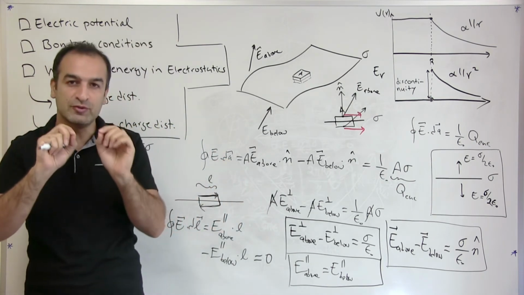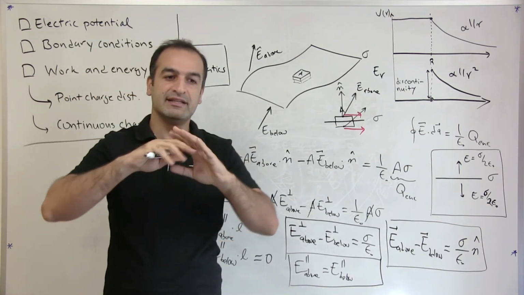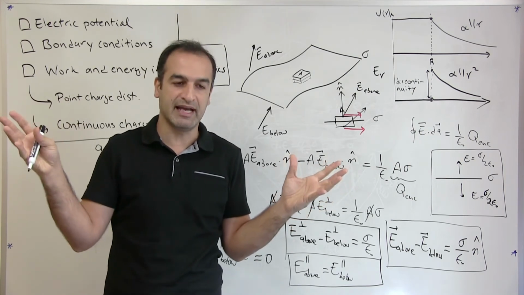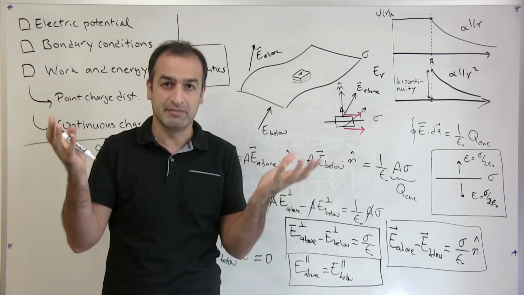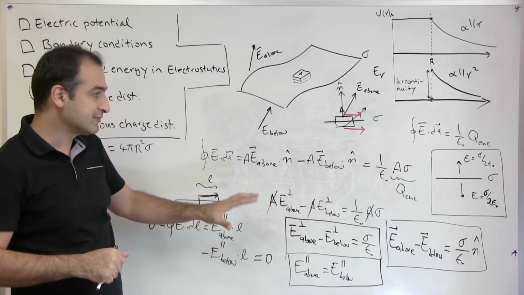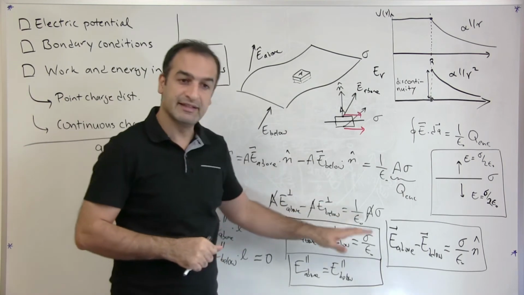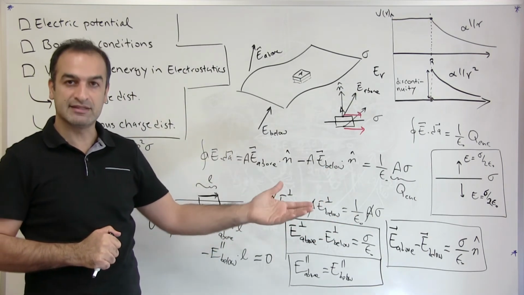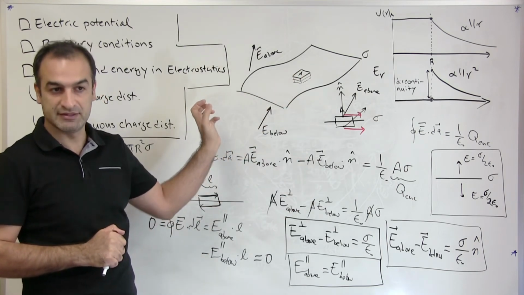If you're super close to the surface, then the shape doesn't really matter, because whatever shape it has, you're going to see a flat surface. So the whole discussion here is for the electric fields created at a very near distance from the surface, and that makes the shape irrelevant.